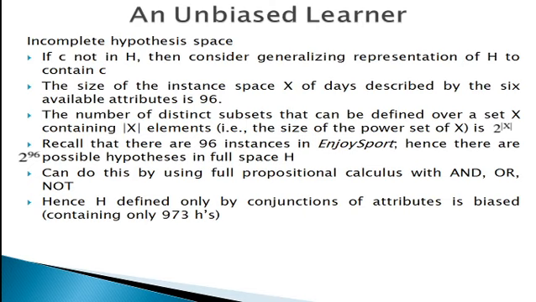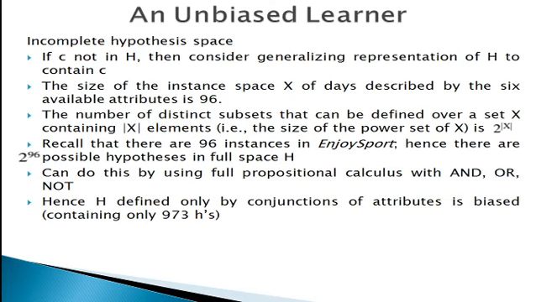That is, it is capable of representing every possible subset of the instances X. In general, the set of all subsets of a set X is called the power set of X. In the EnjoySport learning task, for example, the size of the instance space X of days described by the six available attributes is 96.